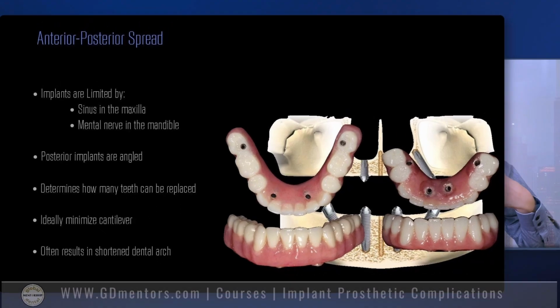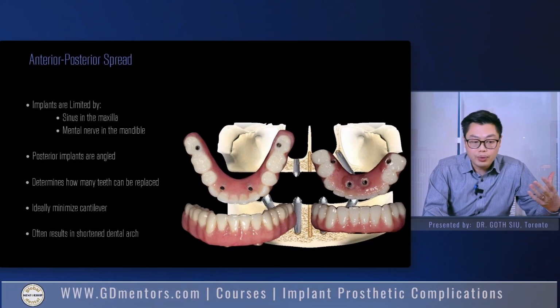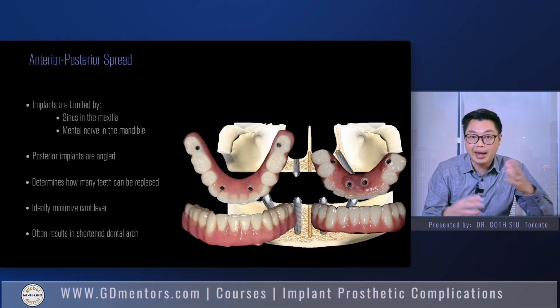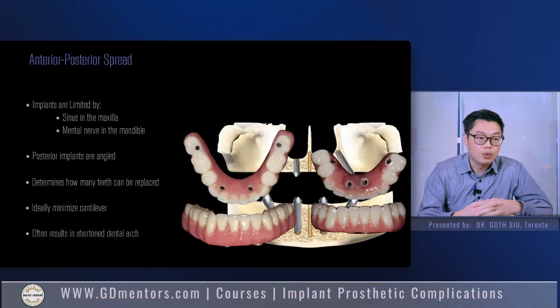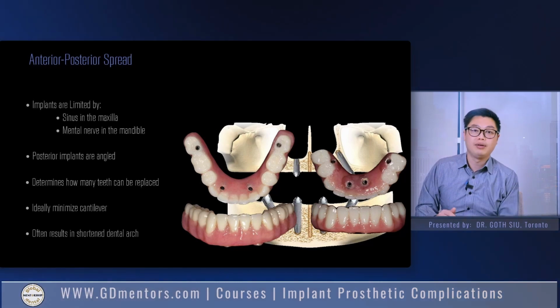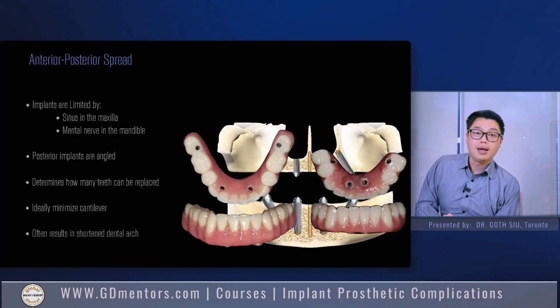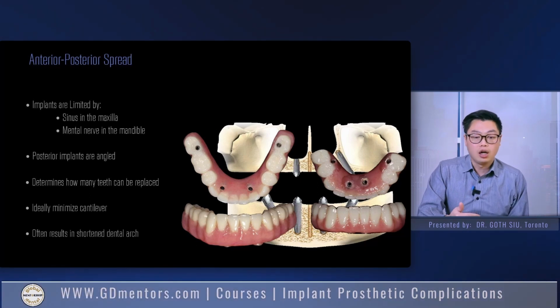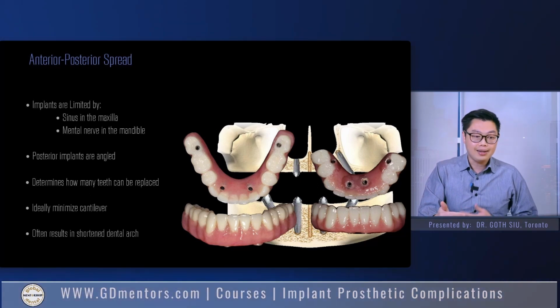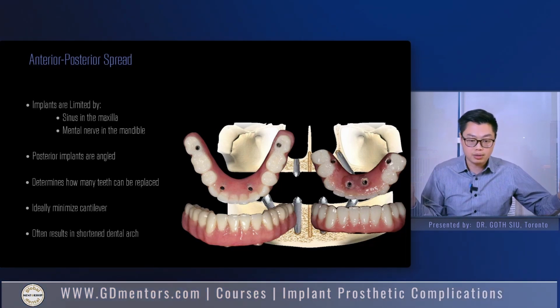Okay? So the whole point of angling implants is to increase the spread of implants, to avoid vital anatomical structures, and to potentially avoid bone grafting. But really the biomechanical reason for angling implants is to get anterior-posterior spread. You're trying to spread out the implants, right?